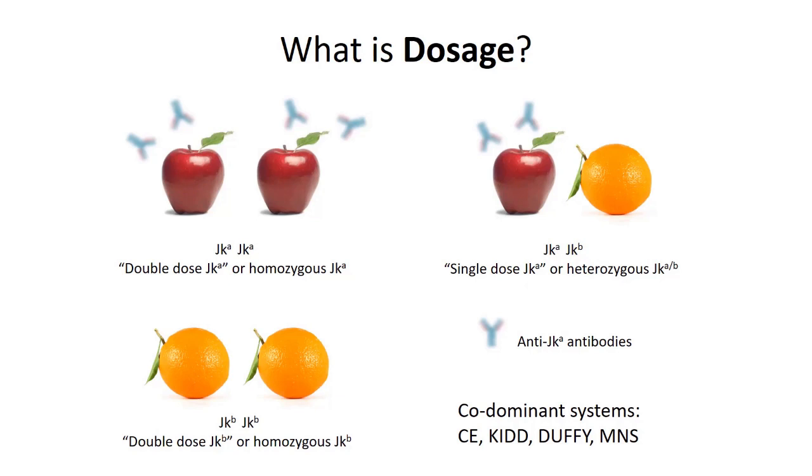So in codominant systems, like the CE system, the KID antigens, the Duffy antigens, and the MNS system, you can miss antibodies, or you can see varying strengths in accordance with the dosage. So weaker reactions with single dose cells and stronger reactions with double dose cells.